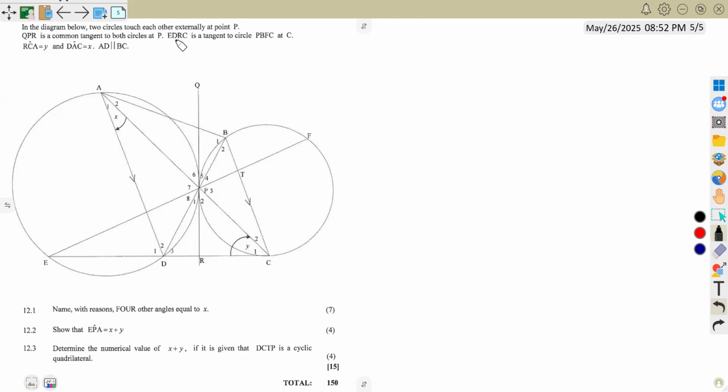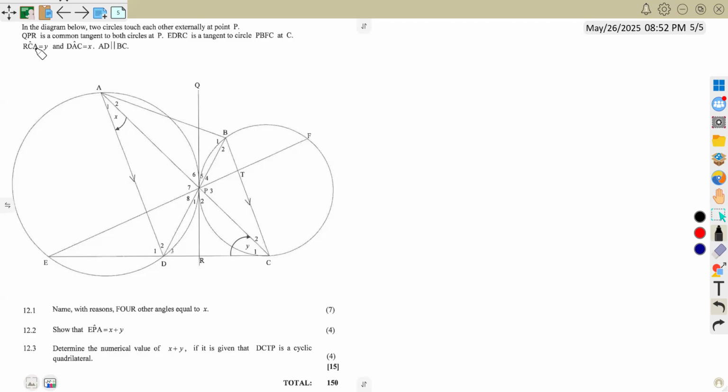Then you are told that EDRC, that one, is a tangent to circle PBFC at C here. So this one is a tangent.